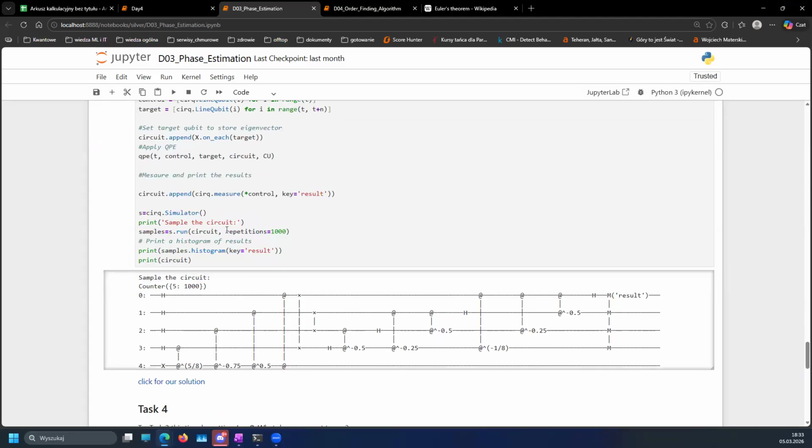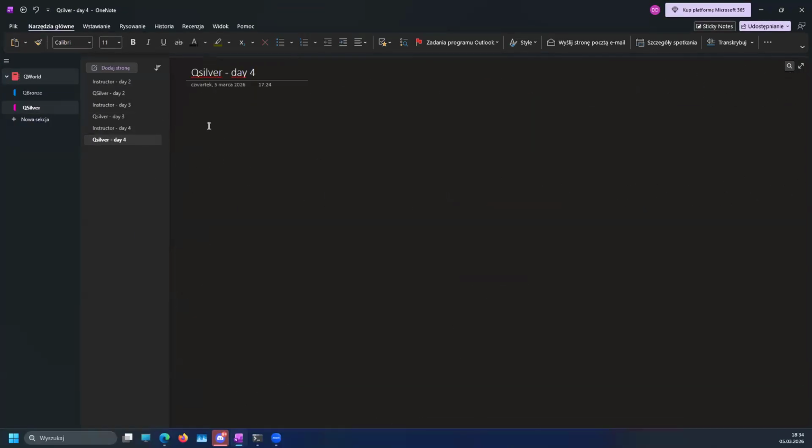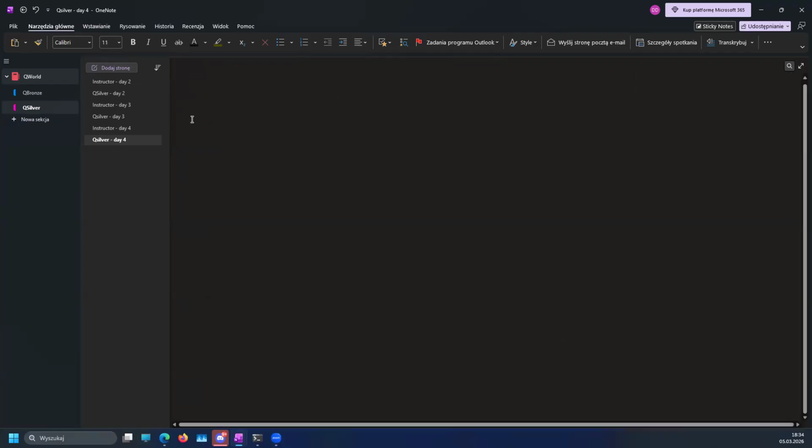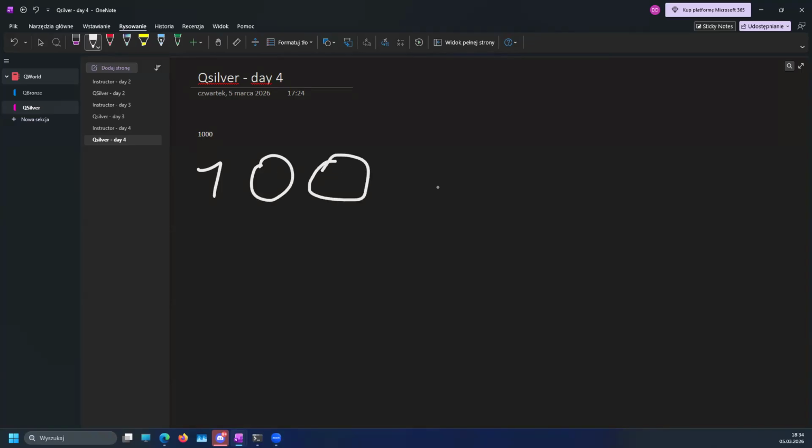So here we received the result, and we need to convert it to binary form. Here we have 1, 0, 0, so I will copy it. And how to decode it? So we have 1, 0, 0, 0.